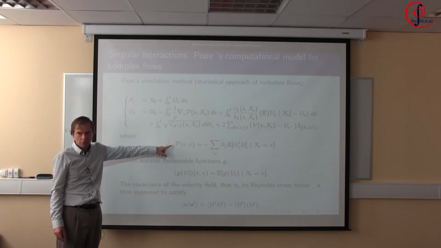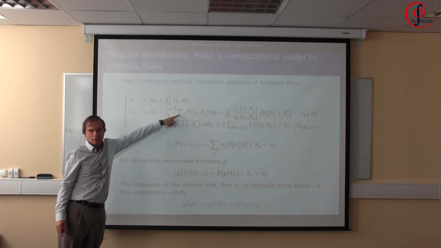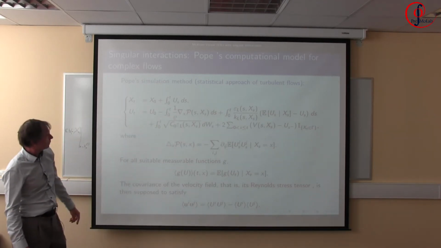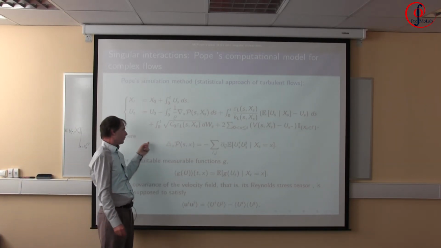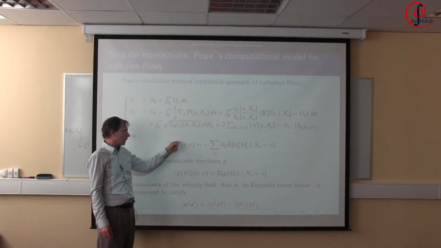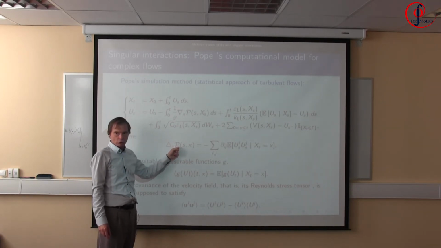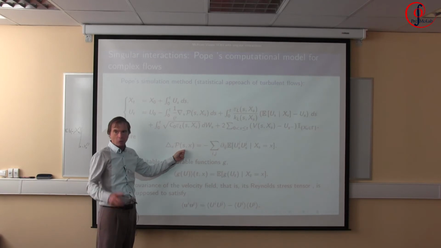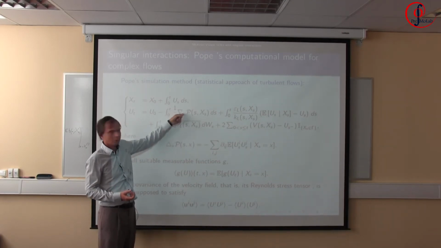What I mean here is that calligraphic P is a solution to this Poisson equation. And once you have solved your Poisson equation, you compute the gradient of this solution, and you put it into the equation.